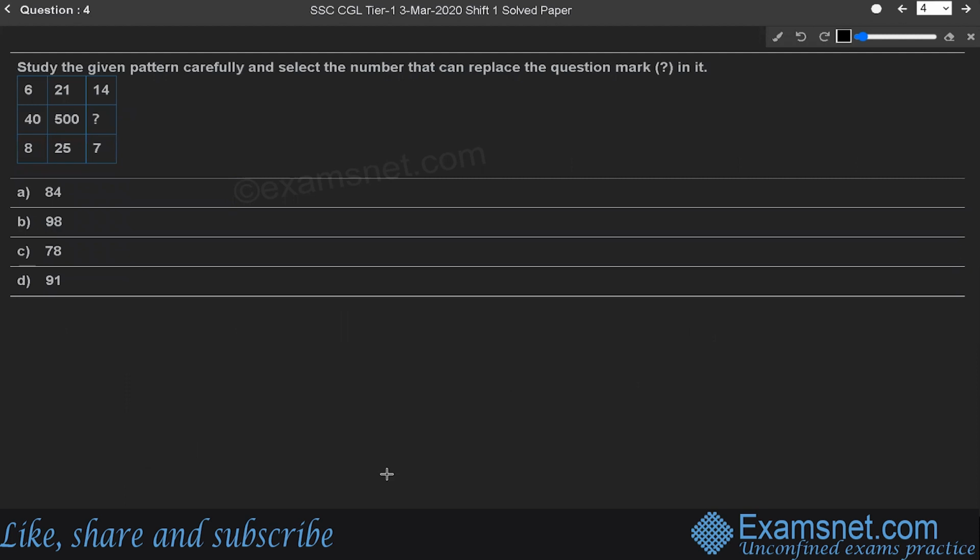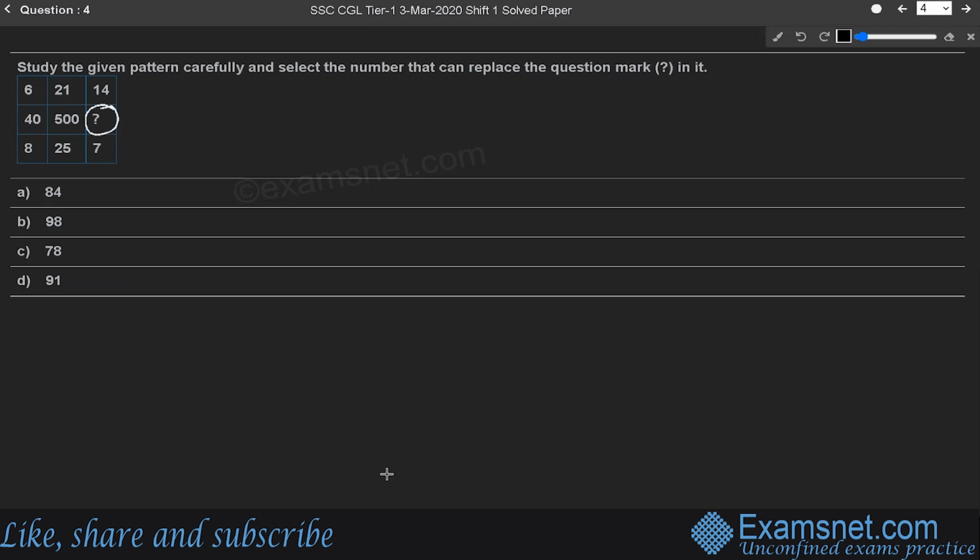Study the given pattern carefully and select the number that can replace the question mark in it. You can see that here there is a table which consists of rows and columns, and we have to identify the number in place of the question mark. So what do you think must be the concept or logic behind this question? Let us understand the concept.